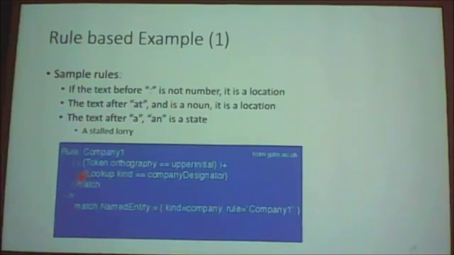It will detect a certain rule to detect a company. If the words have an upper-case initial, it will look up the company dictionary and detect the pattern. Then if it matches, the word will be categorized as a company.